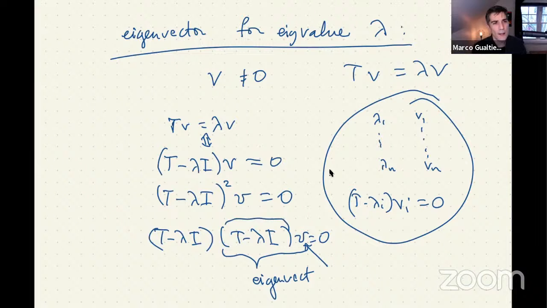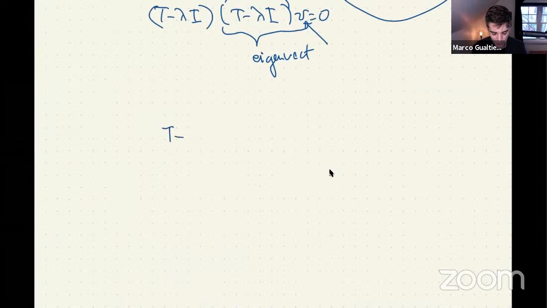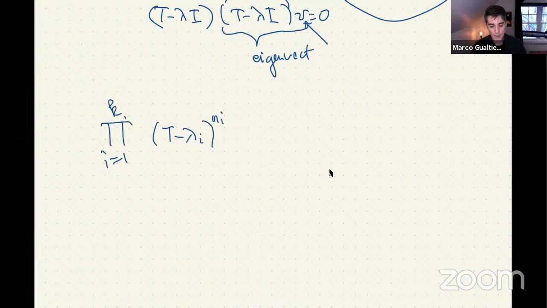And why is it obvious that you should consider powers of T minus lambda? The reason is because of the minimal polynomial. The minimal polynomial looks like this: the product for i equal to 1 to k. So the minimal polynomial is a product of these things which are powers of T minus lambda.